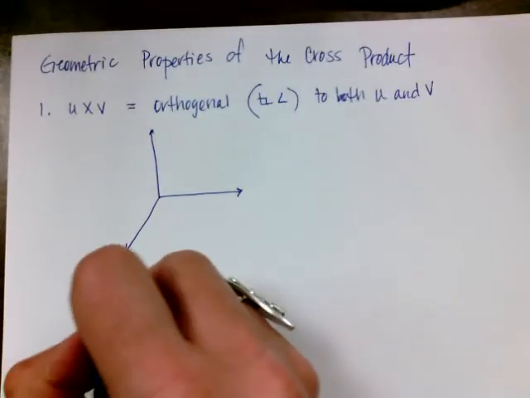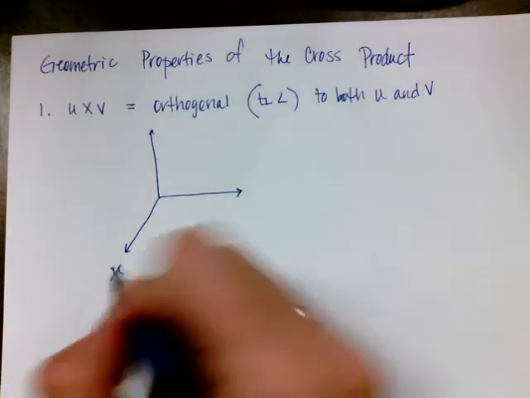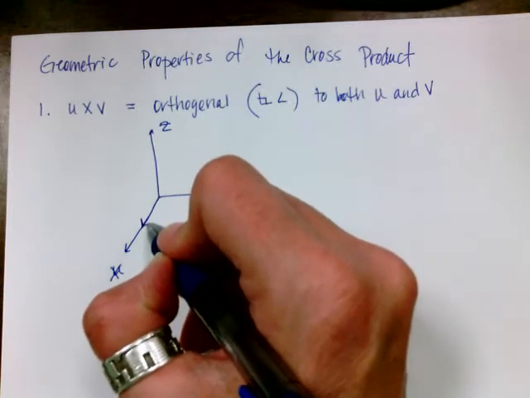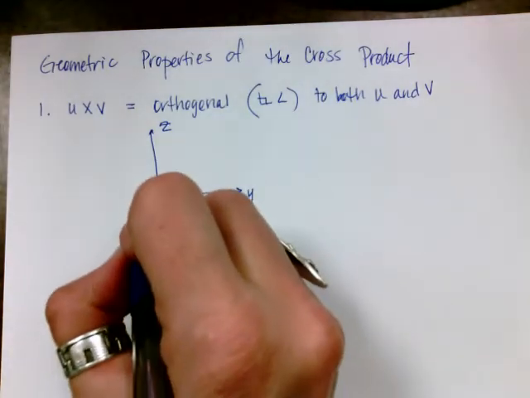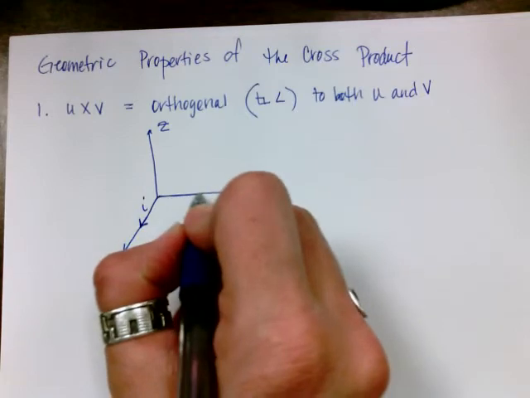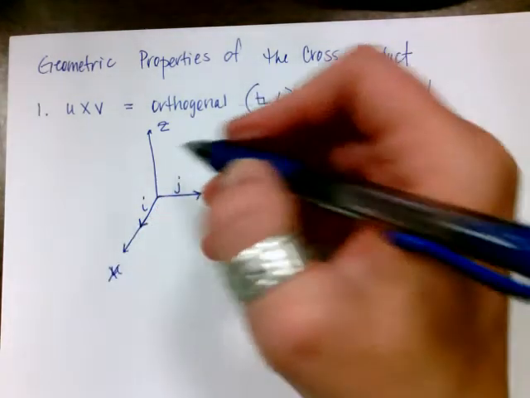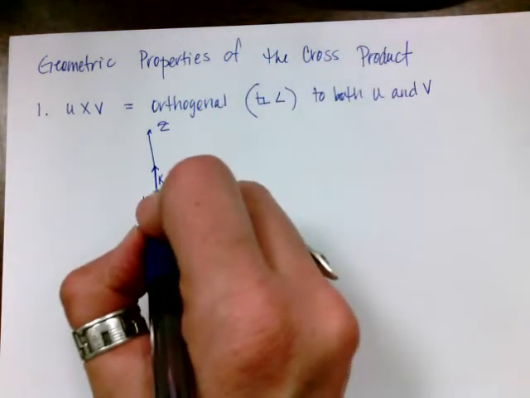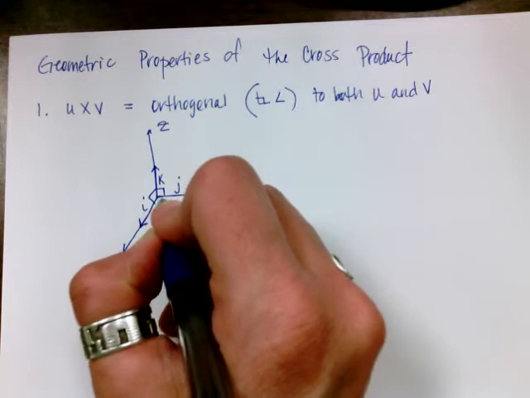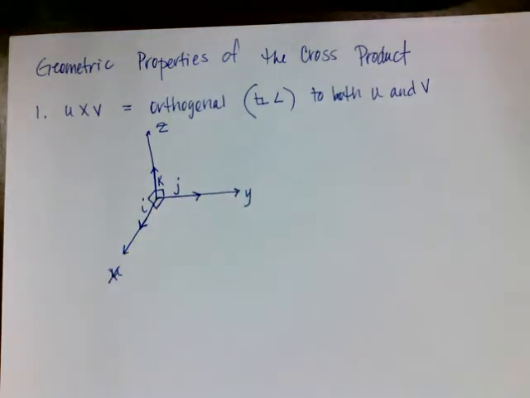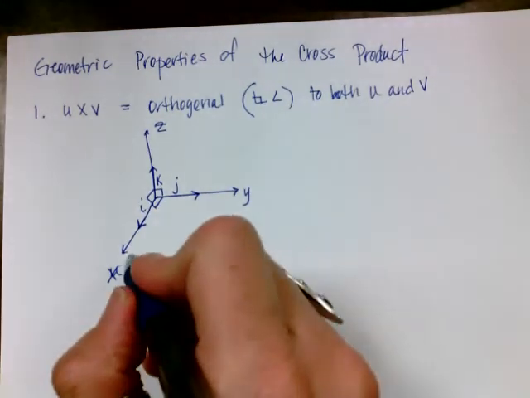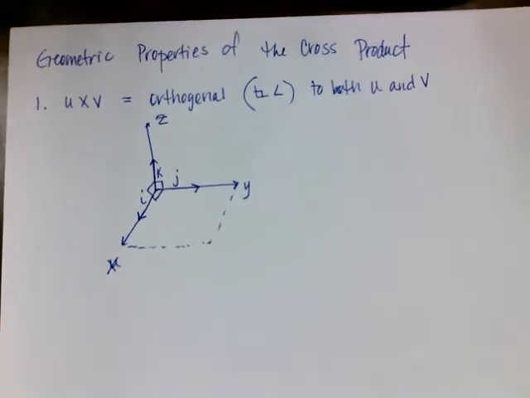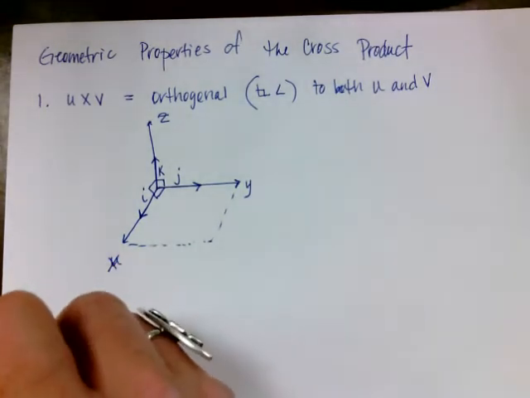If I have x, y, and z, and I have a unit vector, remember, with a magnitude of 1, going in that direction, and then I have a unit vector going in this direction as a j, and a unit vector going this direction, there's k. And remember that those guys are all orthogonal. It also creates a little rectangle.